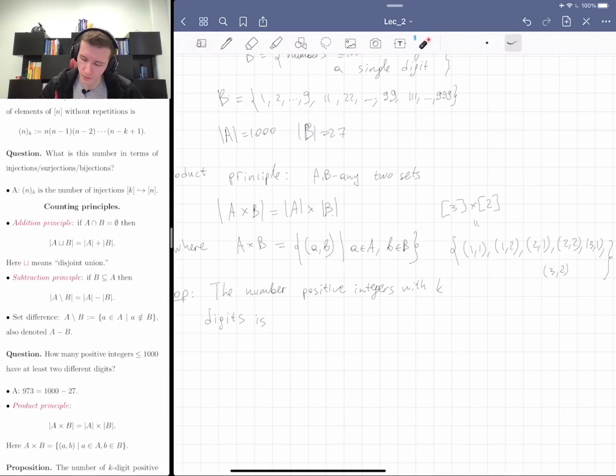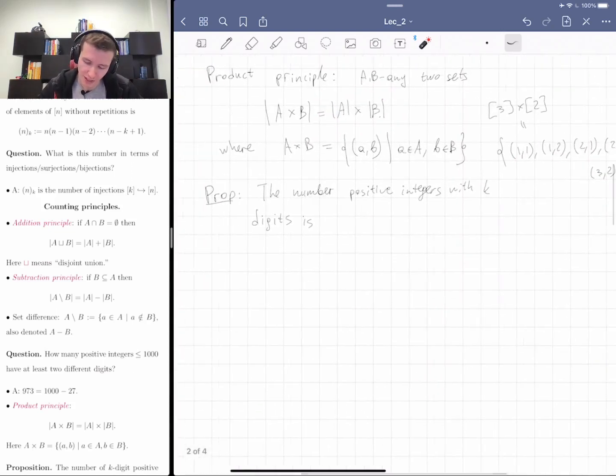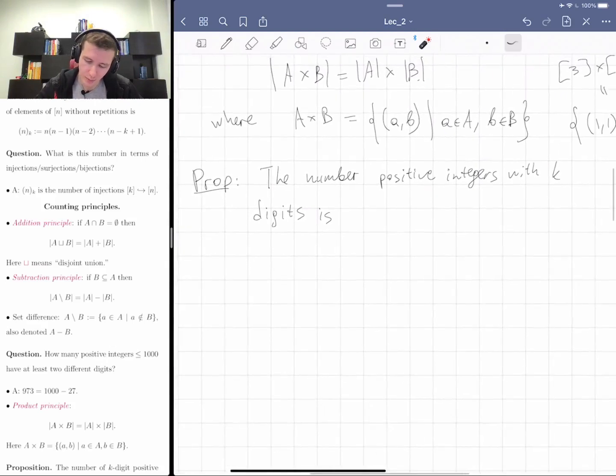So you can see I have (1,2) and (2,1), and I consider them to be different pairs. The total number of elements is 6, which is 3 times 2.